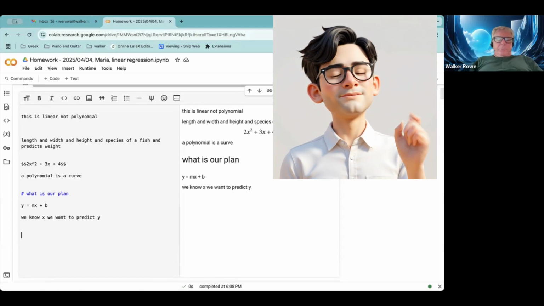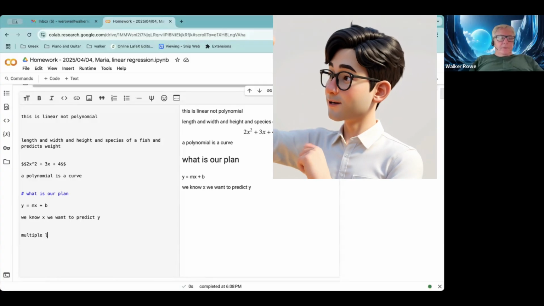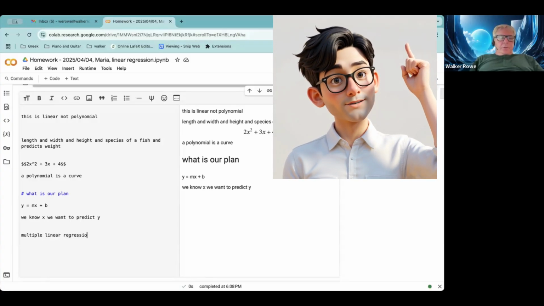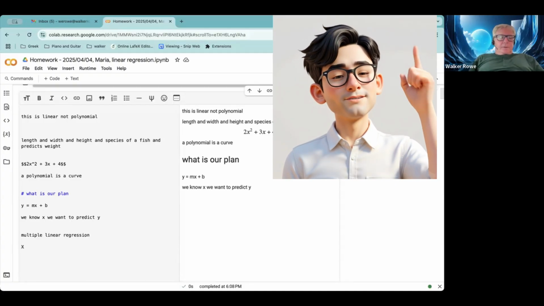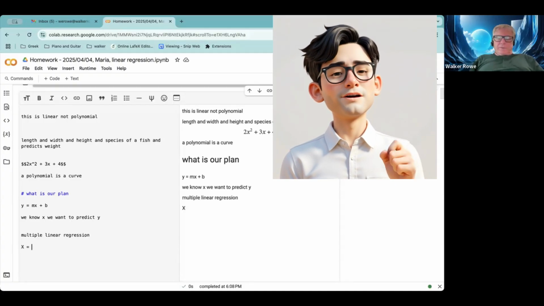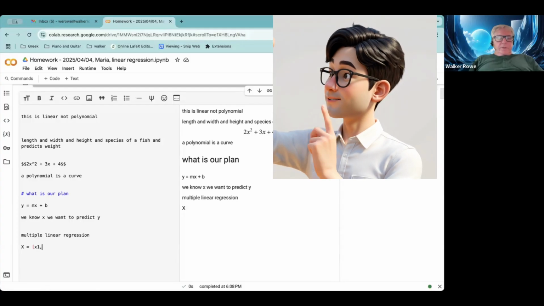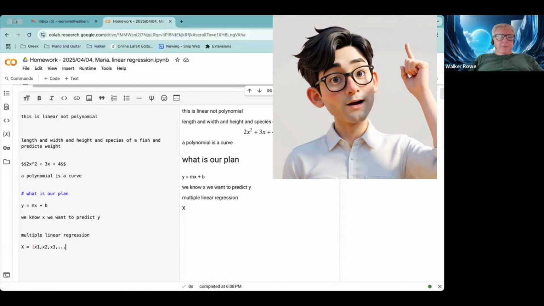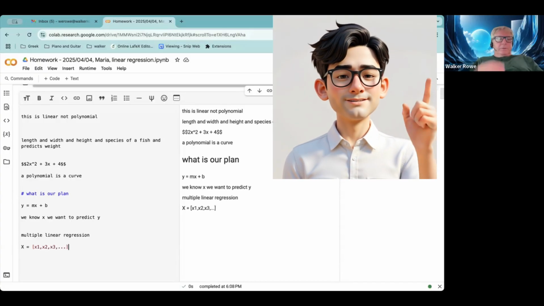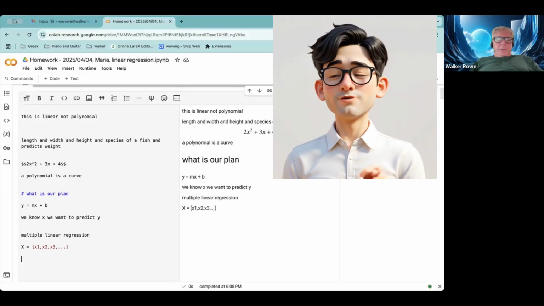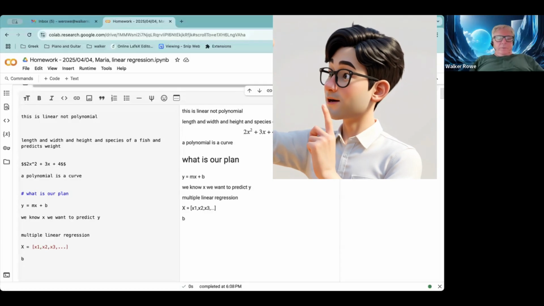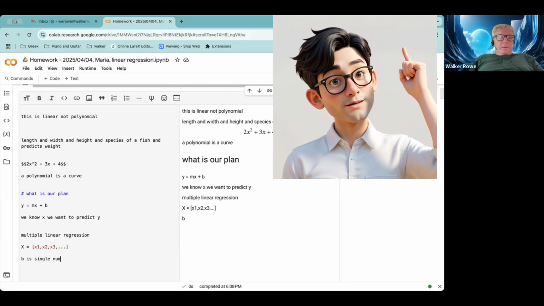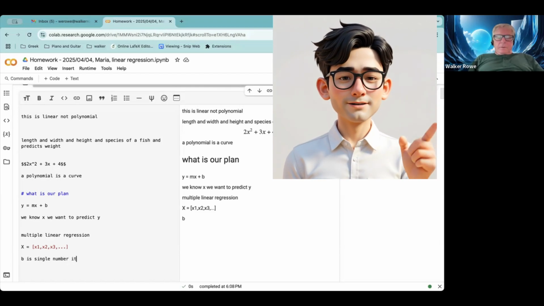When you're dealing with multiple linear regression, we use a capital X because this is an array of x1, x2, x3, and so forth. It's multiple things. And then b is still going to be a single number. It's called bias.